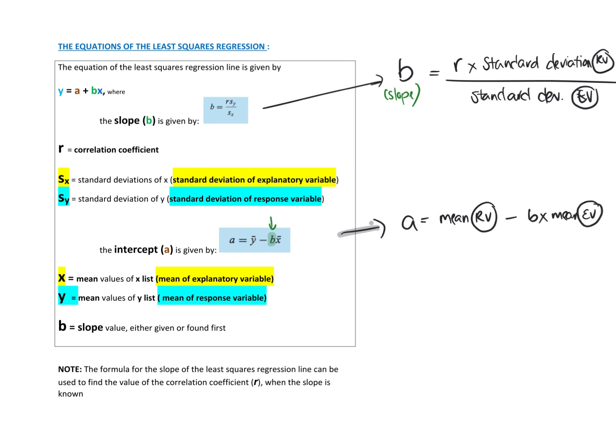And that's why we call it mean of Y, mean of X. So you'll know you're up for one of these questions when you don't have all the data, but you have been given some stuff, and we'll see it in some exam questions in a minute.